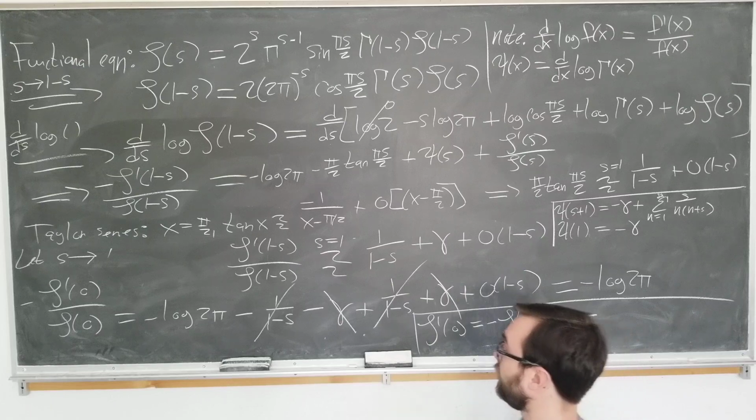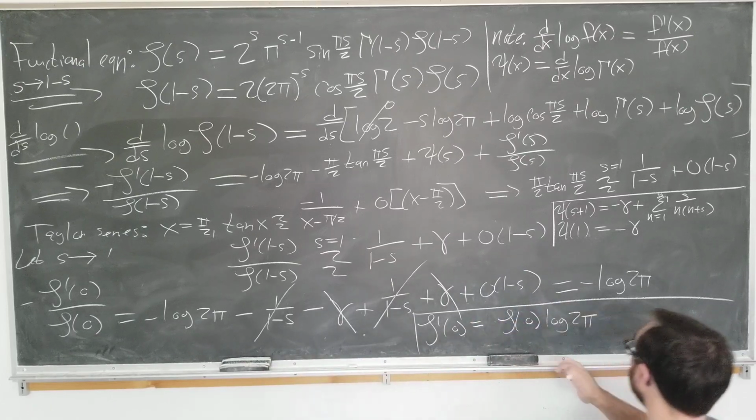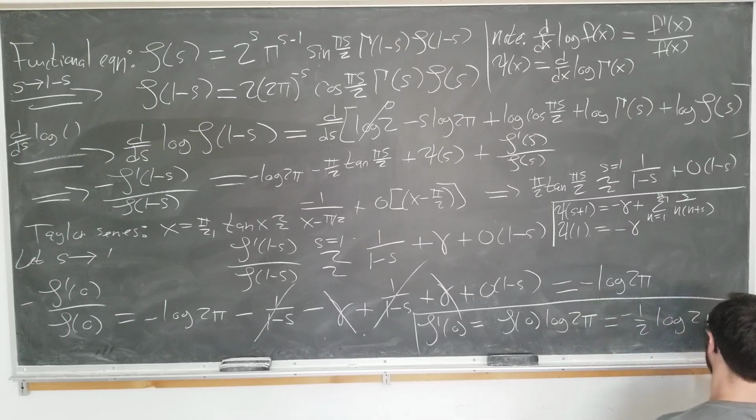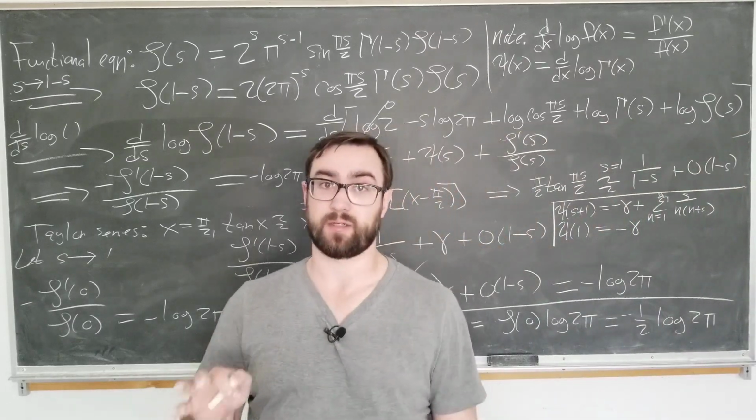Ah, yes, because there's a minus here. This minus does go away. Minus 1/2 log of 2 pi. Certainly sorry about that. This is tricky stuff, as you can see.